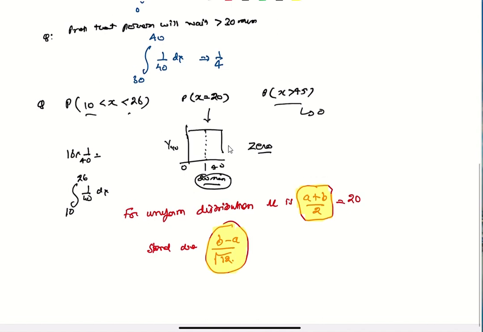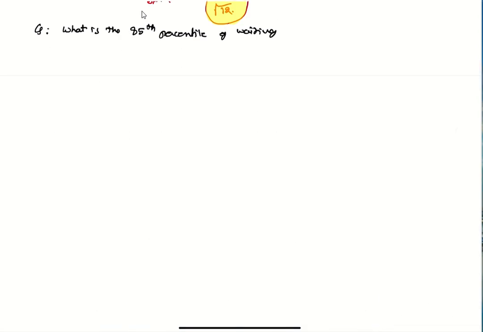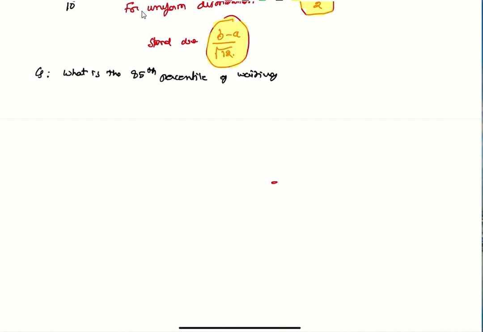Okay, now another question is, what is the 85th percentile of the waiting time? So how do we do that? We have to divide this graph.